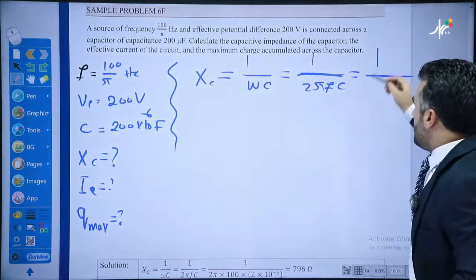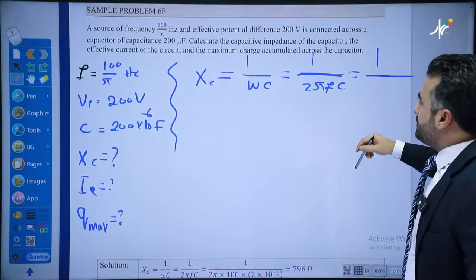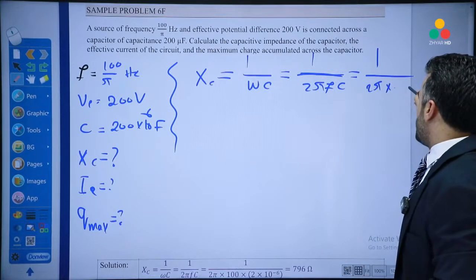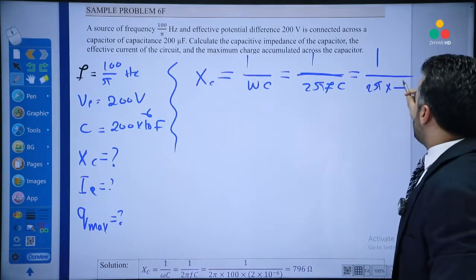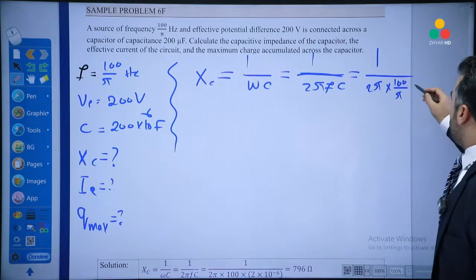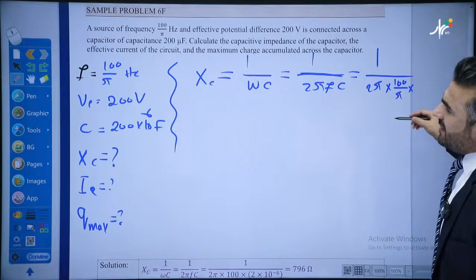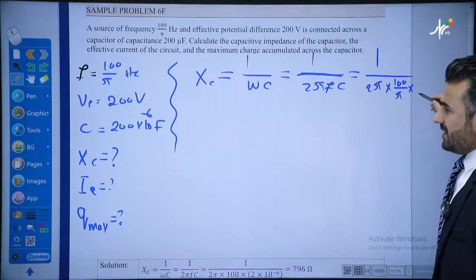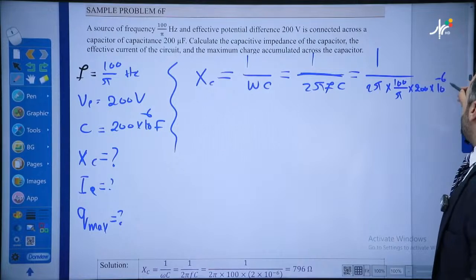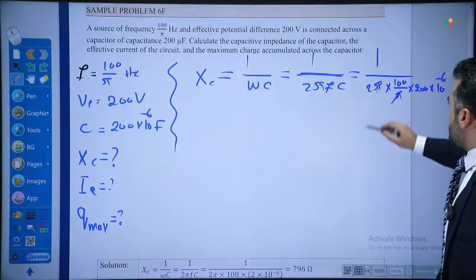So once again, we'll just plug in the numbers now. We'll say 2 pi multiplied by the frequency, which is basically 100 pi, and then multiplied by the capacitance of the capacitor, which is basically 200 times 10 to the power negative 6 farad. So you do the math, these will cancel out.